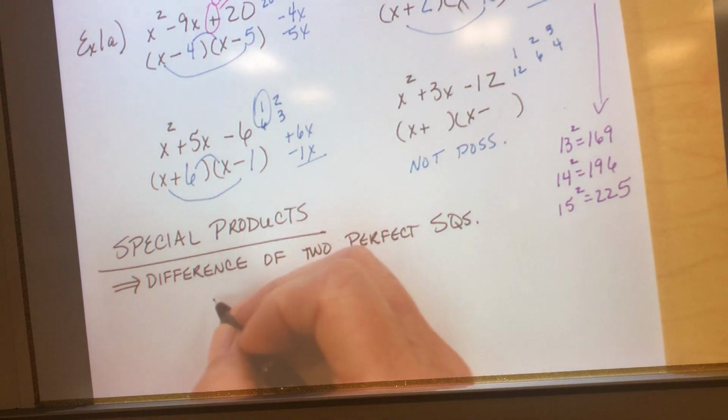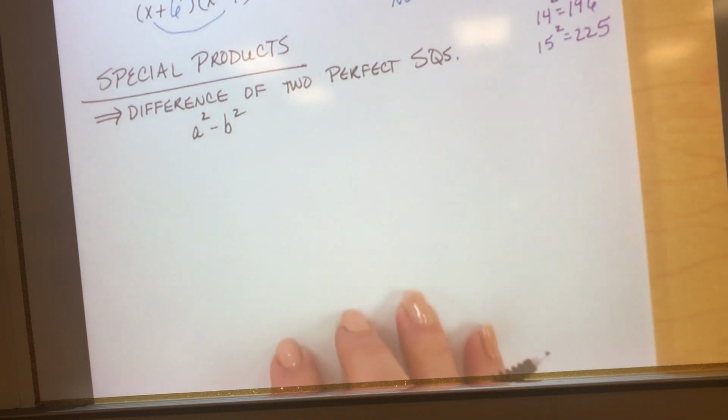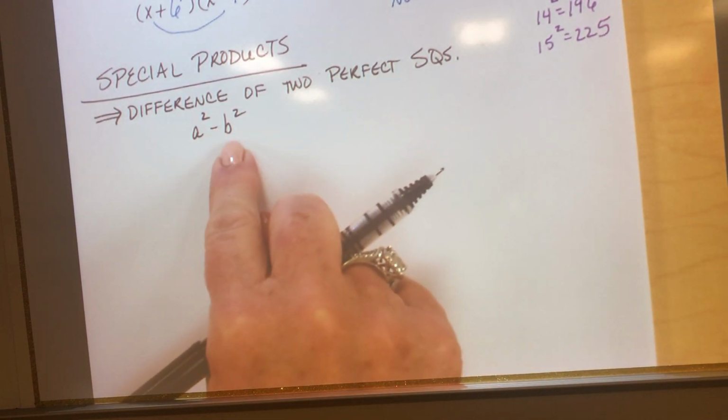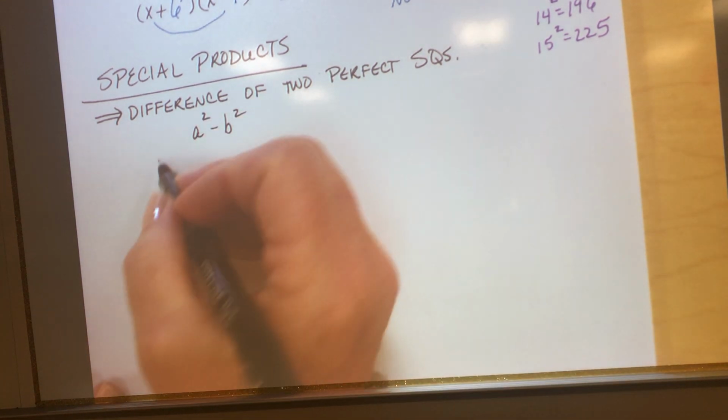Well, obviously, it's going to look like something squared minus something squared. Do you agree with that? It's the difference of two perfect squares. Listen, I'm going to write it in words first, and I'm going to show you what it looks like.